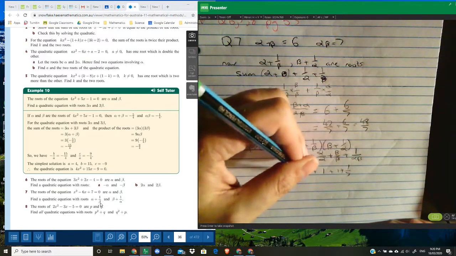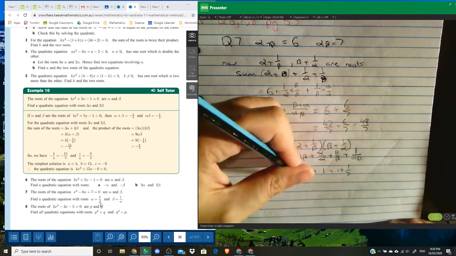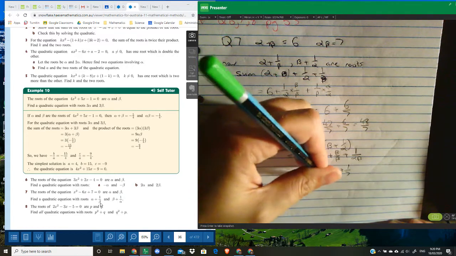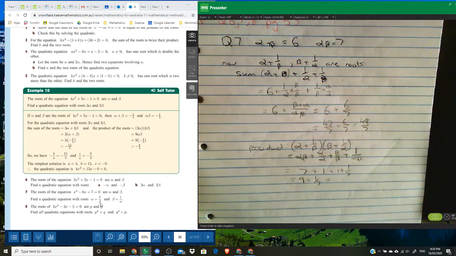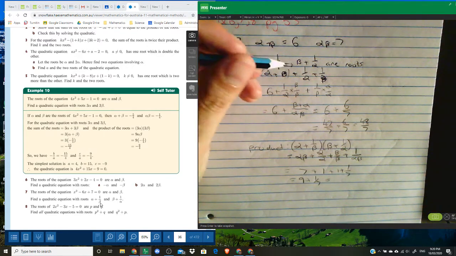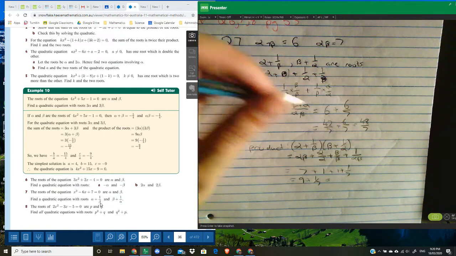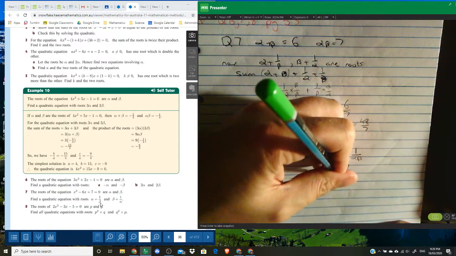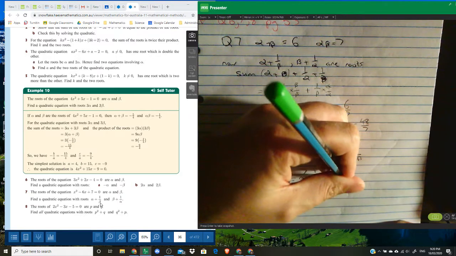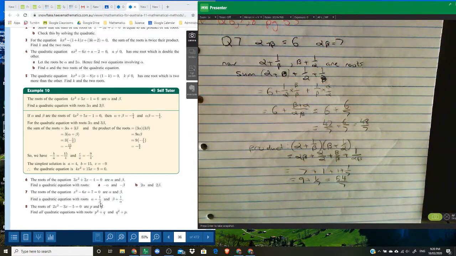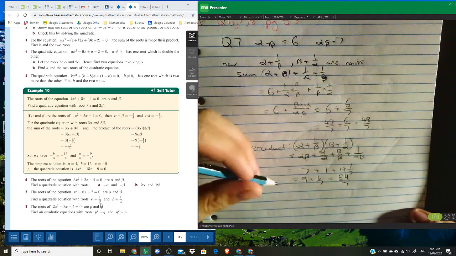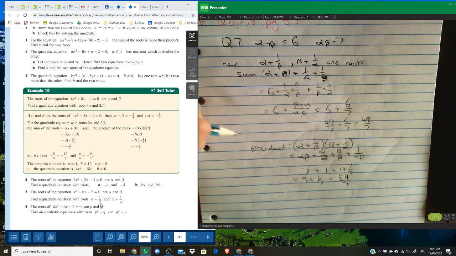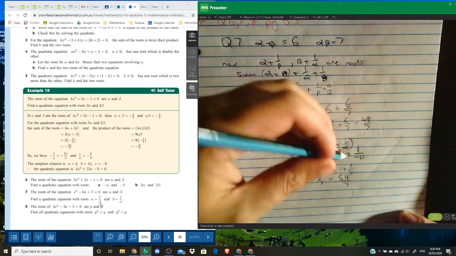So we have 9 plus 1/7 as an improper fraction. 9 wholes, 9 times 7 is 63, so 63 on 7 plus 1 is 64 on 7. Okay. Now we have to find a quadratic with those roots.